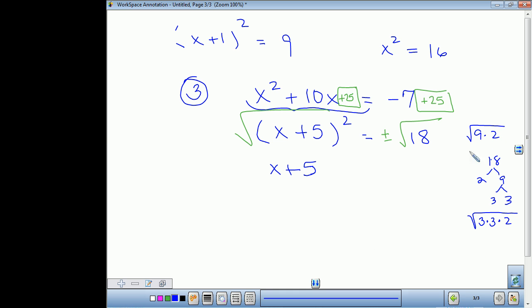Either way, if you think of it like this and go, okay, I know the square root of 9 is 3, or you think of it like this, and it takes 2 3s to come out, either way, we get 3 roots of 2. So this equals plus or minus 3 roots of 2.